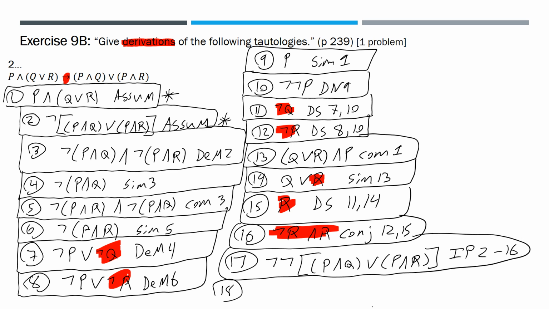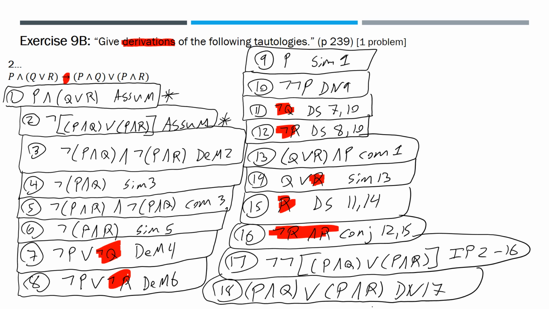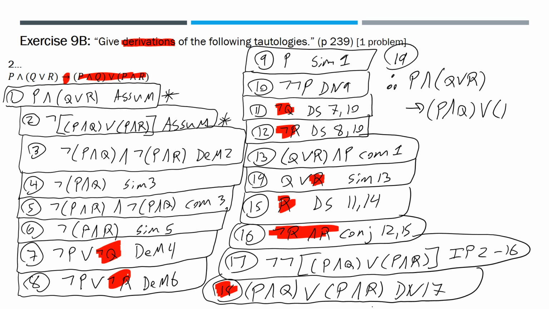So for 18, we can then just get P and Q or P and R by double negation of 17. And this is identical to this consequent. So for 19, outside of quarantine, it therefore follows that P and Q or R, arrow P and Q, or P and R by our conditional proof with lines 1 to 18.